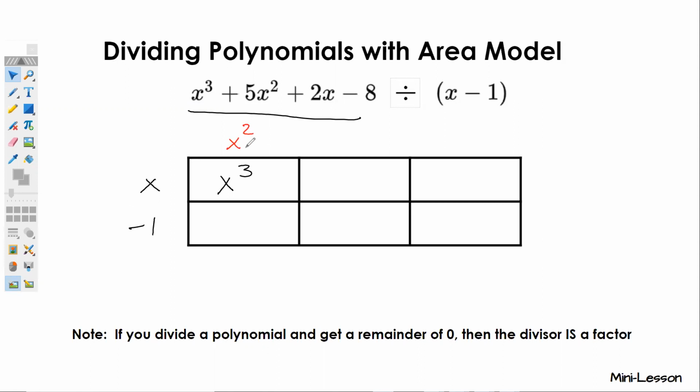Then we're going to multiply x squared times negative 1. X squared times negative 1 would give me negative 1x squared, or just negative x squared. So again, first thing I did was I put this in the first box. I said, what times whatever's on the outside would get inside.